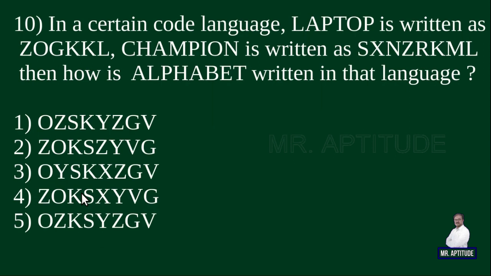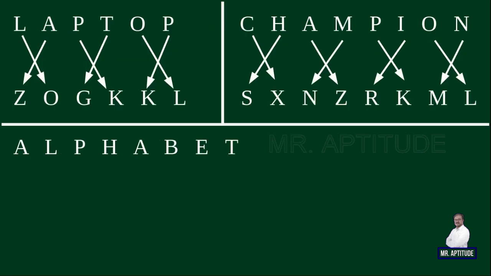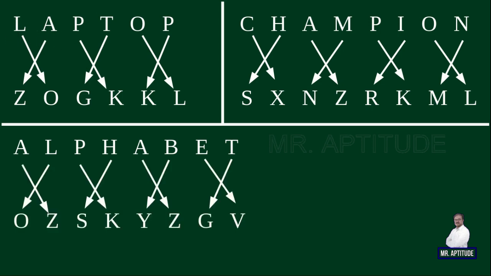Now let us look at the last one. Let me write it here. If you observe this one, as there are 6 letters in the word laptop, these 6 letters are divided into 3 sets. In each set, there are 2 letters. Each and every letter is coded as its opposite letter, but this way.